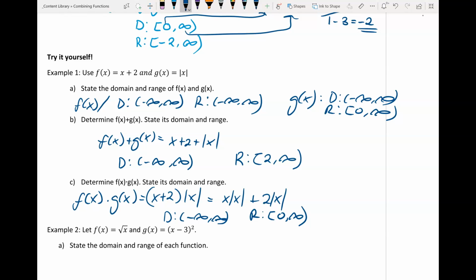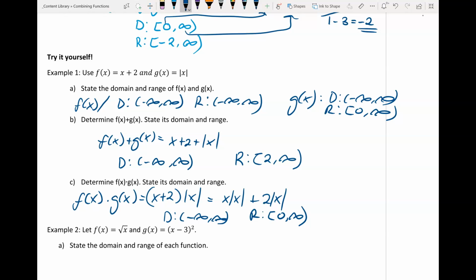Because if we insert a negative number into our f of x plus g of x, the negative x value from the first term and the positive value in the very last term are going to cancel out, so you're going to be left with just 2.